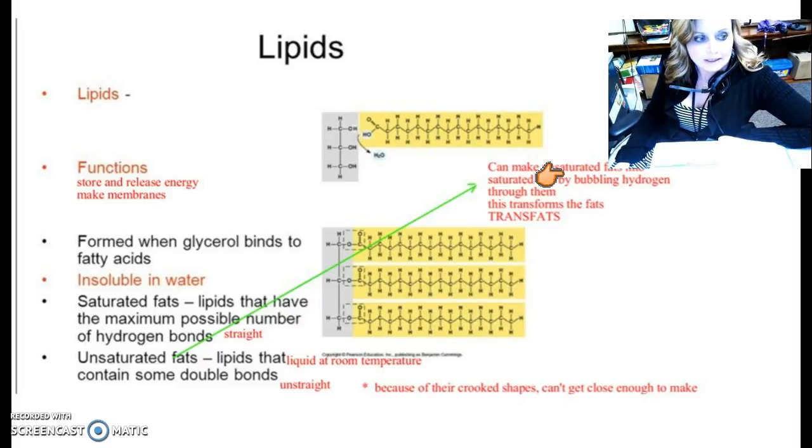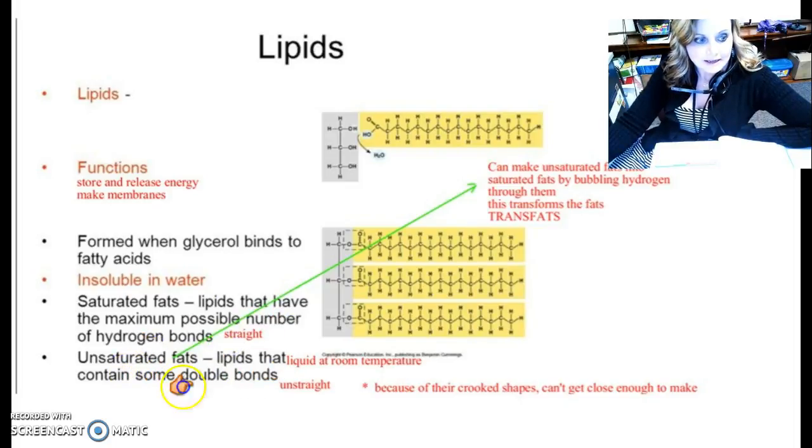So a lipid is made up of carbon and hydrogens. In fact, they're also called hydrocarbons, right? And sometimes some oxygens in there as well. And there are saturated and unsaturated fats. Saturated fats have the maximum number possible of hydrogen bonds.